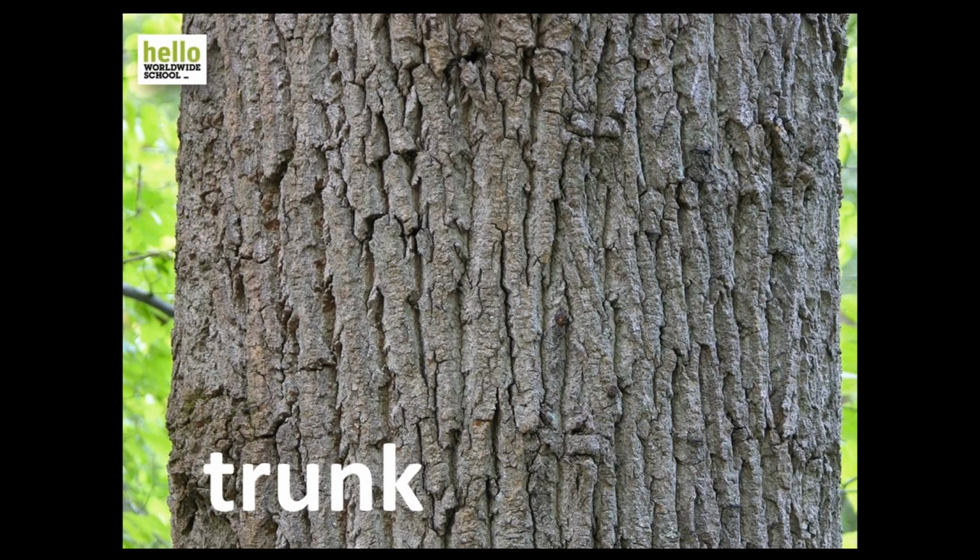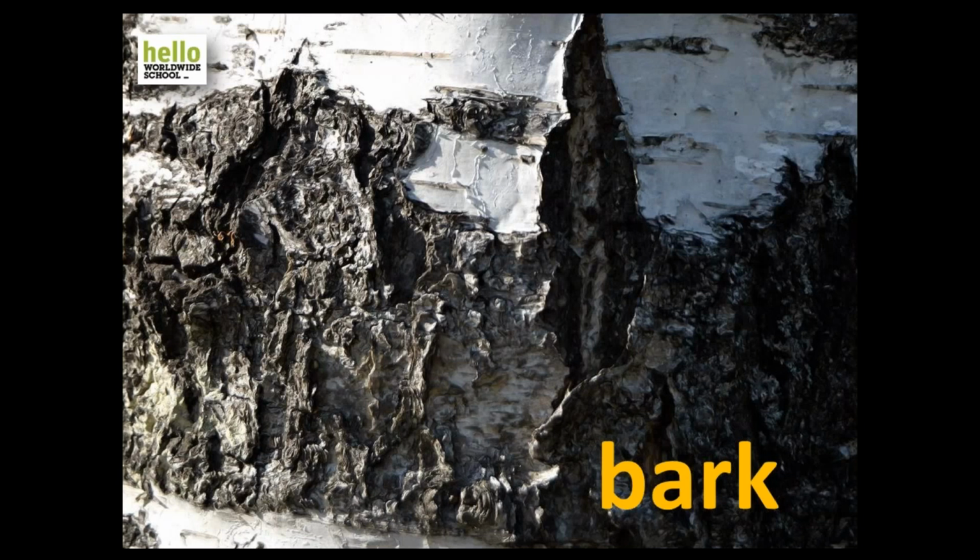And this layer outside, we could call it the skin of the tree, is called bark. You may know this word in a different context. It's a different meaning of bark. It's what the dog does, woof, woof, woof. This is also barking, but it has nothing to do with this word. So that's bark, the skin of the tree.